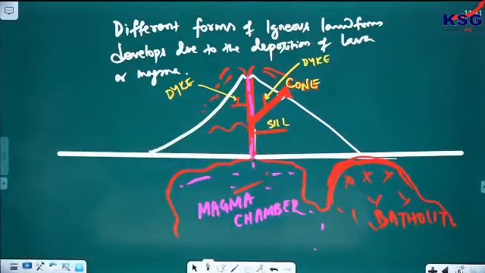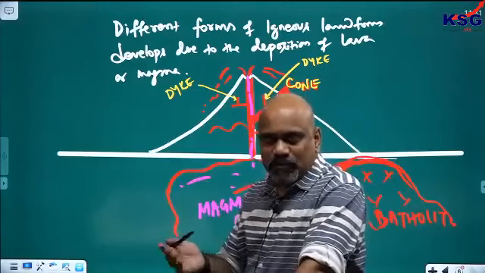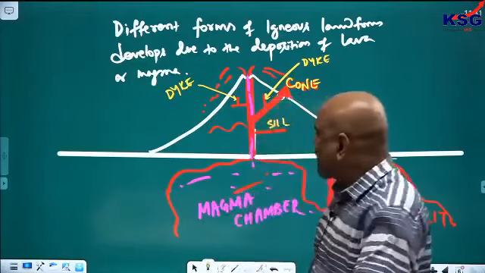Now, what else? You can have in this way a saucer-shaped depression, like a bowl shape, this is known as the lopolith.